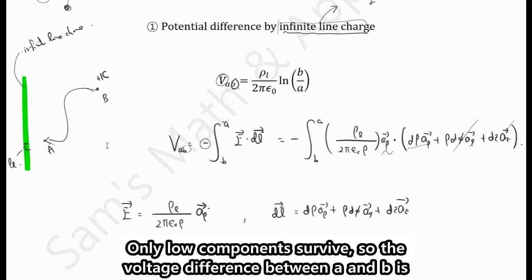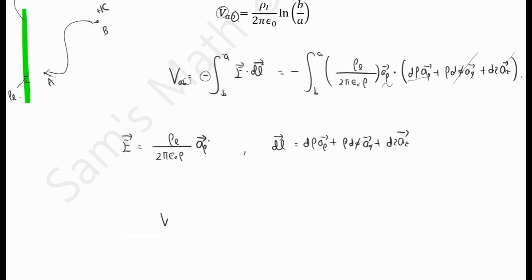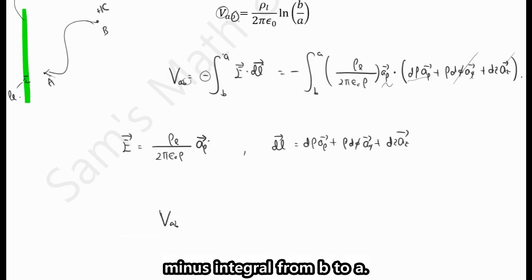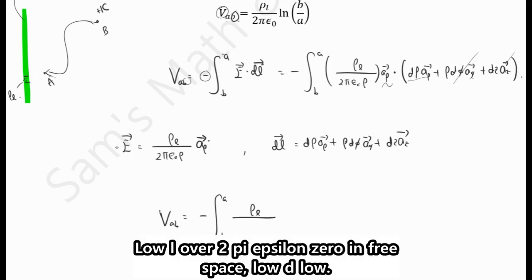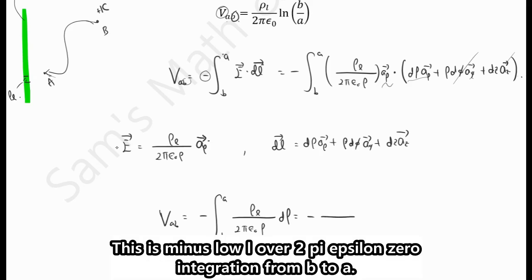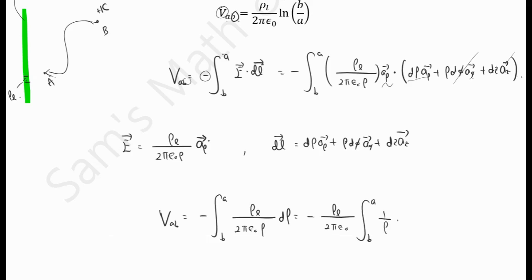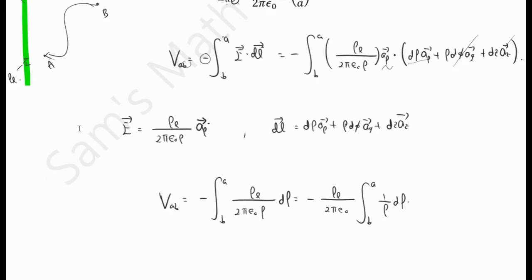So the voltage difference between A and B is minus the integral from B to A of rho L over 2 pi epsilon 0 in free space times d rho over rho. This is minus rho L over 2 pi epsilon 0 times the integration from B to A of 1 over rho d rho.